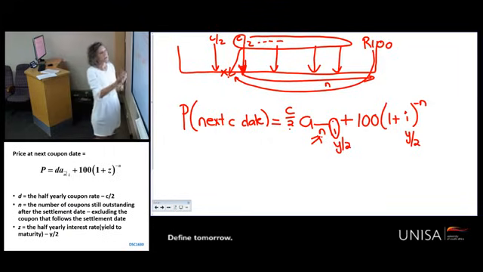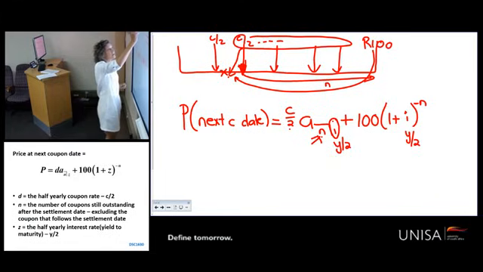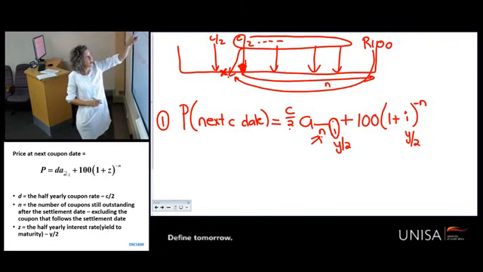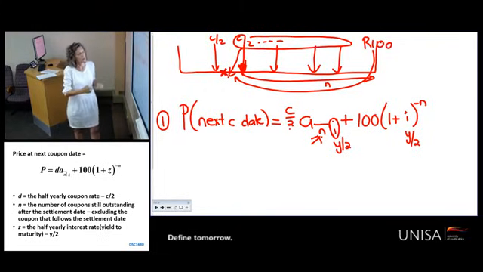So this will give you the present value on the next coupon date. Remember, here's our settlement. This is the first step we normally do in calculating: we calculate our present value at our next coupon date.